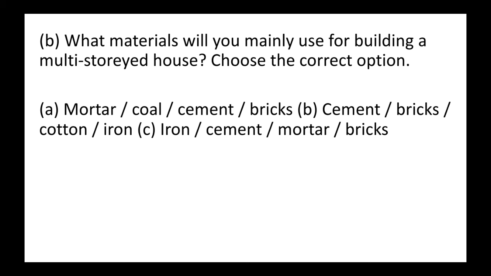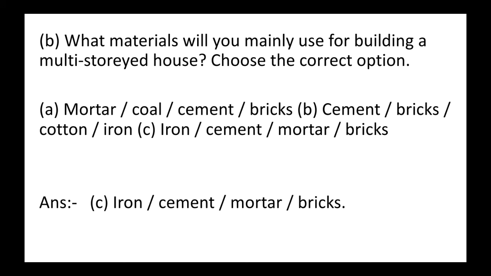In option B, cement, bricks, cotton, iron is given. And in option C, it is given iron, cement, mortar, bricks. So the answer is C, iron, cement, mortar and bricks. Moving on to the next question.